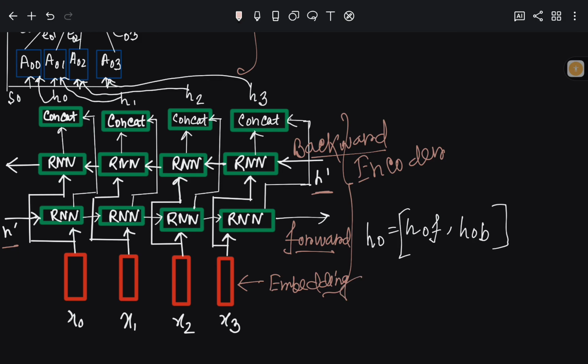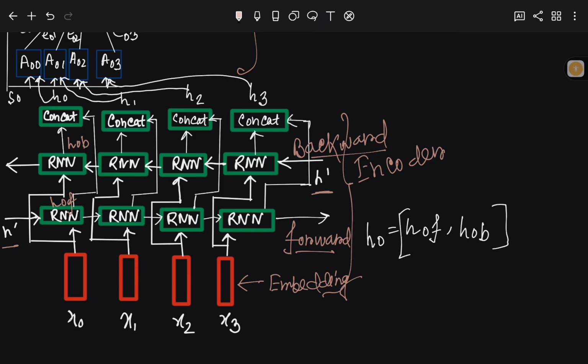We pass our input tokens to the embedding layer and get an embedding representation, and at each time step we pass it through the forward directional RNN and also the backward direction RNN, and we get individual RNN outputs. For this time step we get output H0 forward, H0F, and here we get H0B, which is a backward representation.